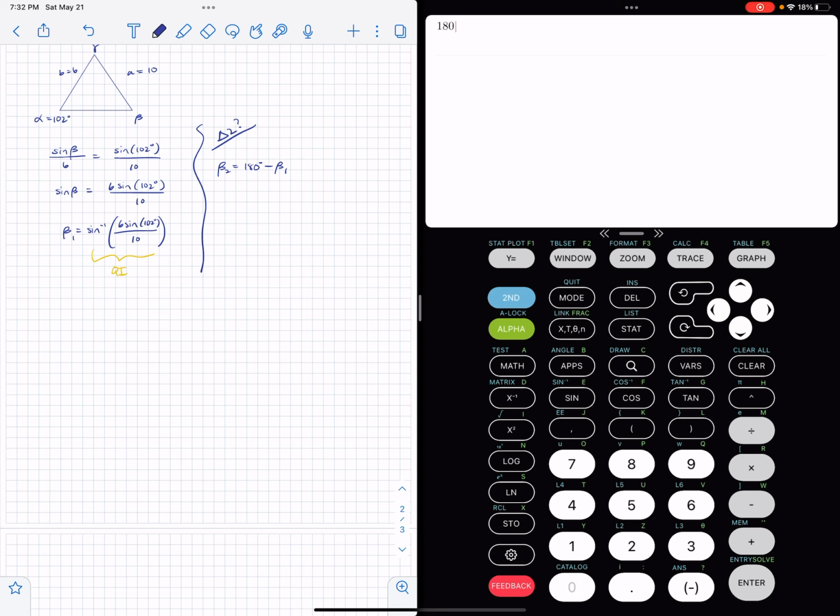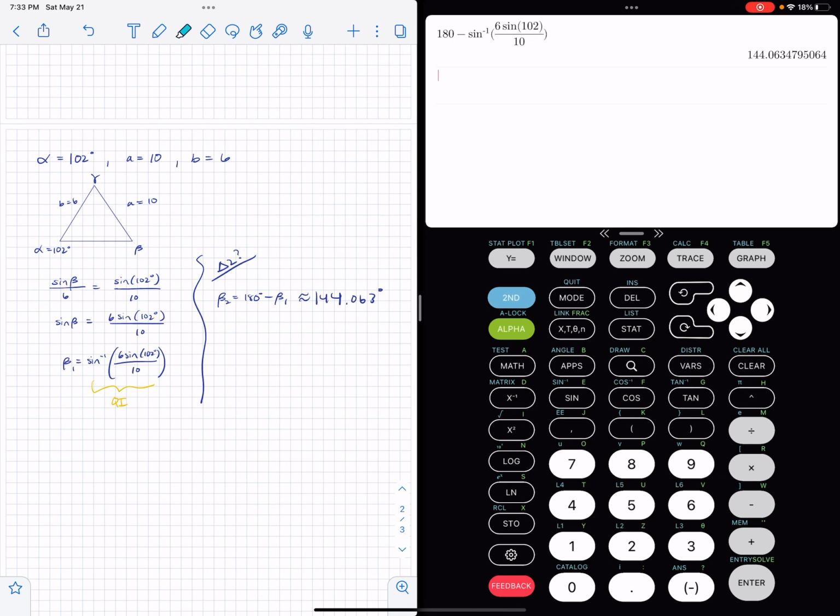That would be 180 minus the inverse sine of 6 times sine of 102 degrees divided by 10. We end up with 144.063 degrees. Well, that doesn't make sense with the given angle of 102 degrees, right? So there's no second triangle.